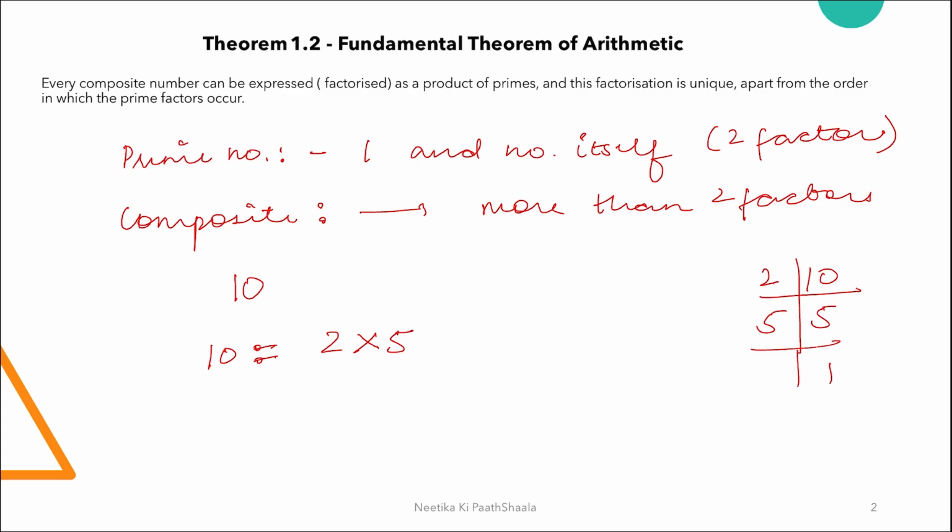Okay, that means a particular composite number can be written as a product of primes, and it doesn't matter what the order of primes is. Like अगर हम 10 को 5 into 2 भी लिखें, it won't affect the equation. So this is the 1.2 theorem. I hope आपको समझ आ गया होगा. So आइए आगे बढ़ते हैं.